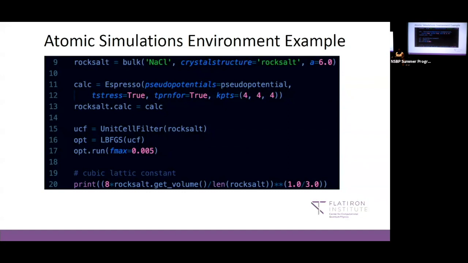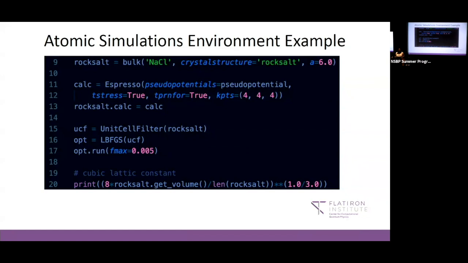The next thing you should notice is if you look at line 11, where it says calc equals espresso. This is where I was talking about before about being able to use third-party backend software. In case in point, Quantum Espresso. We can read in Quantum Espresso to perform our calculation.